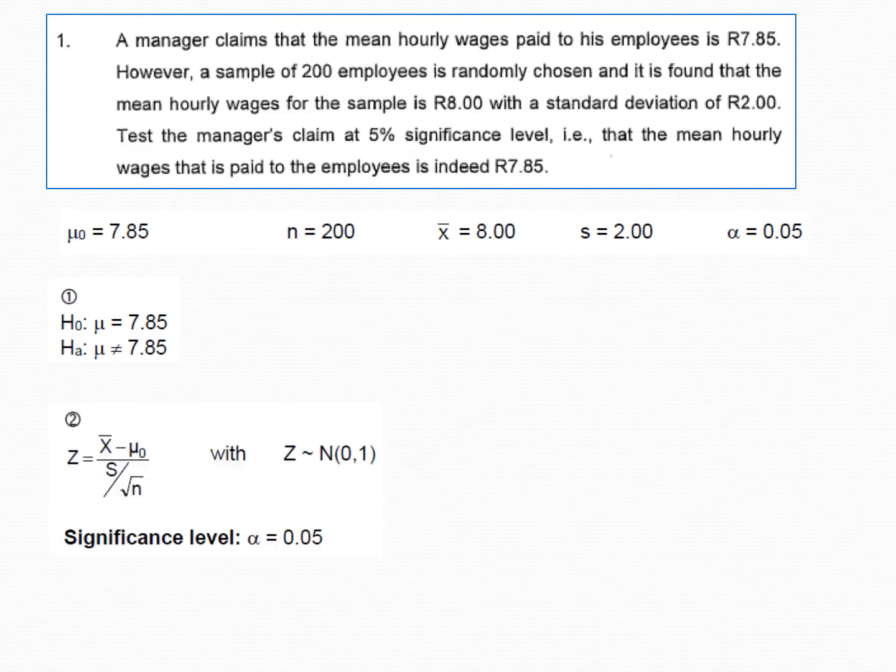Step 2, we write down the formula for our test statistic and the distribution that it follows and our significance level. Then we can use our sample data to determine our Z value, so that will amount to 1.061. We use that then to determine our probability value, and we are looking at a two-sided alternative hypothesis.